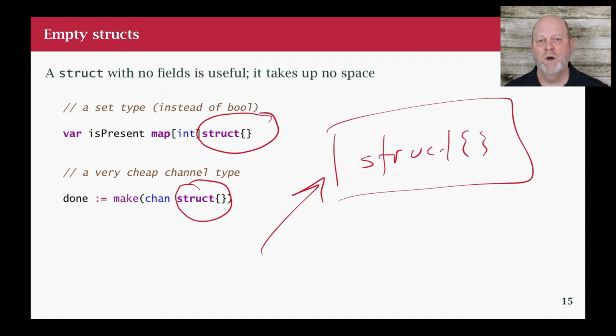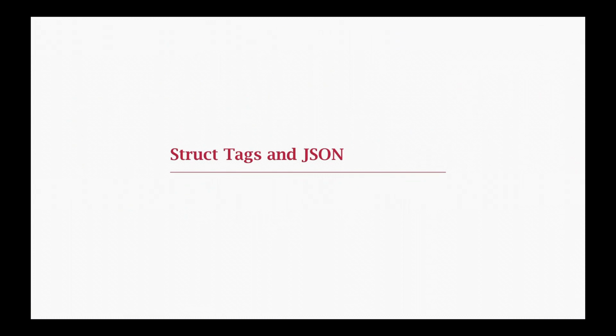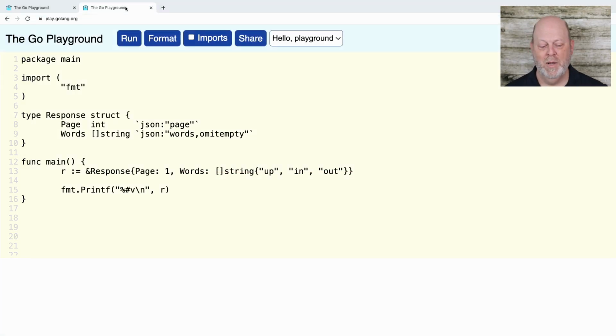Okay, so now I'm going to move on and talk about how we do JSON, and I'm going to do it particularly in the context of structs, because that's the most interesting thing. So I'm back in the playground, and I've got a struct type, and I've given it some struct tags.